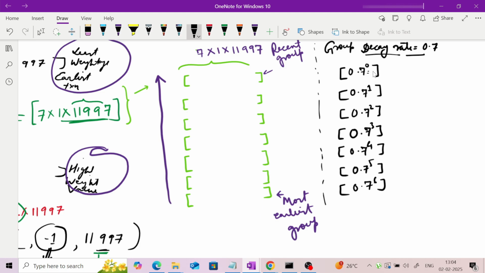So if you see, the initial group has a group decay rate of 0.7 to the power 0, which is equal to 1, and as we move towards the earliest group, the group decay rates keep on reducing. Then we will do an element-wise matrix multiplication of these two matrices.